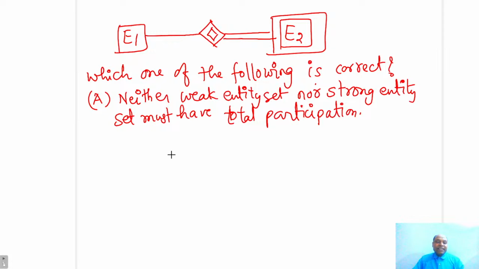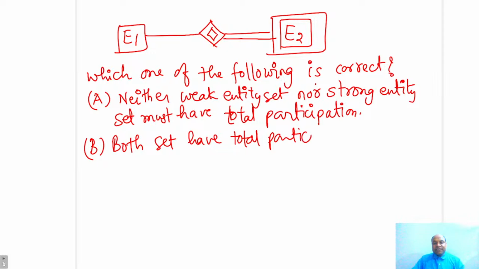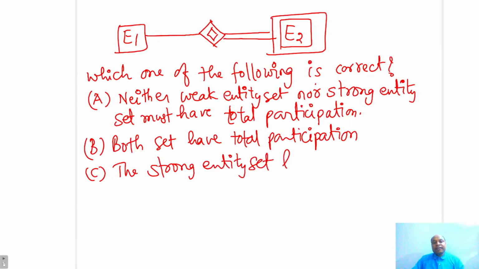Option B says that both sets have total participation. Option C says that the strong entity set has total participation.